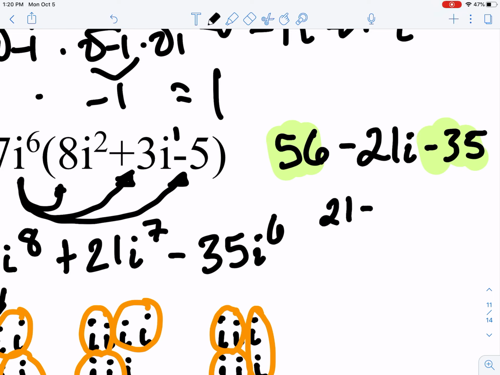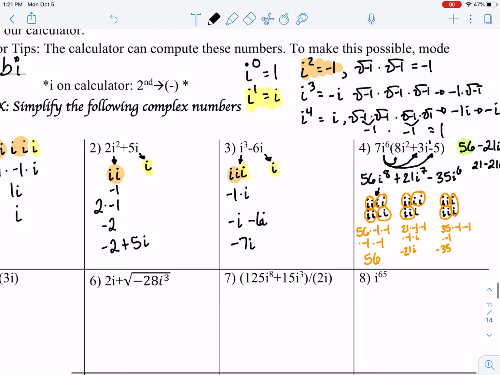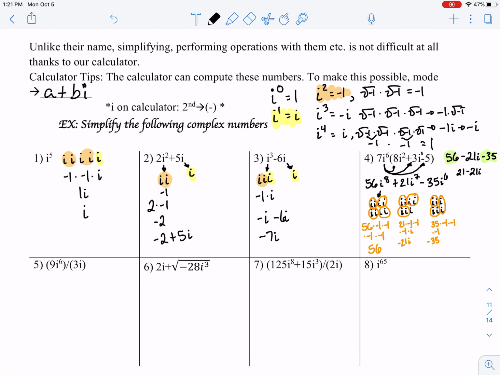So 21 minus 21i. And that is my answer. So a little bit more tedious, a little bit more time consuming doing them this way. But again, focus on your i's after you're comfortable doing math that we've already done.